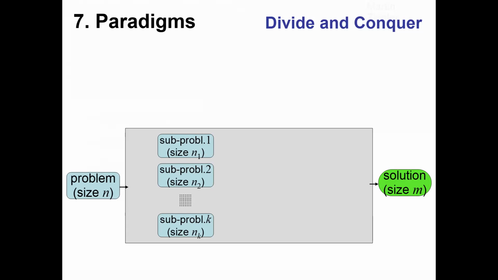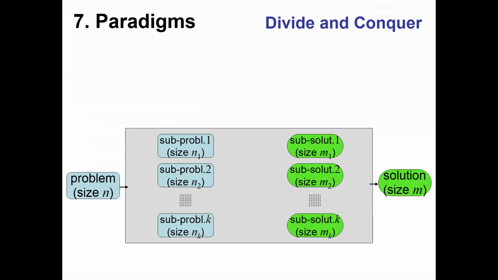Divide the original problem into some arbitrary suitable number K of subproblems, each one having its own size. For example, here we have a subproblem. The first subproblem has size n1. The second subproblem may have size n2, and so on. And the K-th subproblem may have size nk. That's just to be as general as possible.